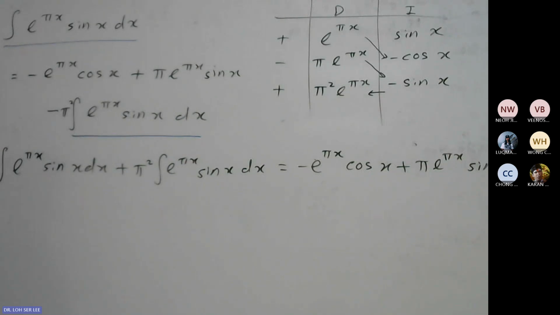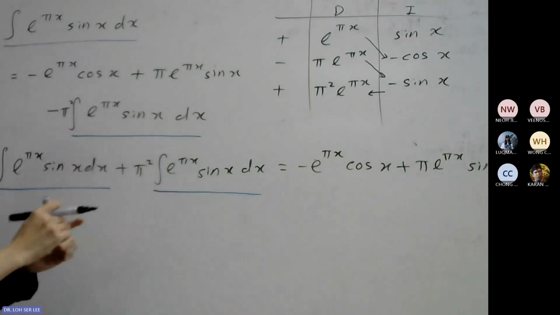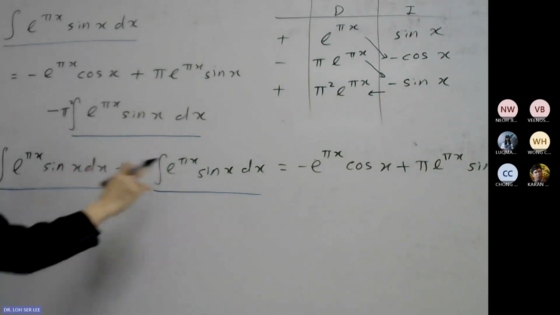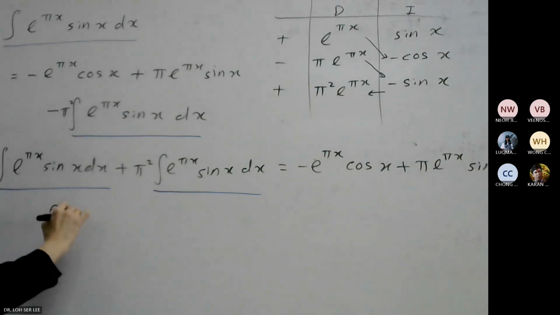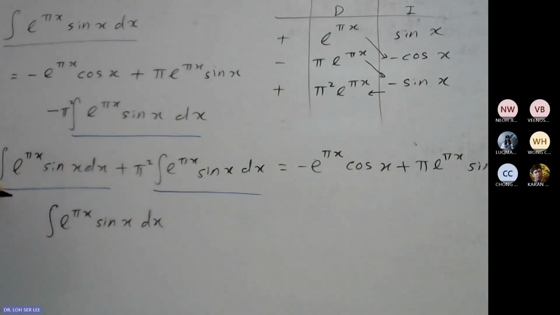So far, okay? Then this one is the same as this. We factorize this one. So what is that? 1 plus pi squared, right?